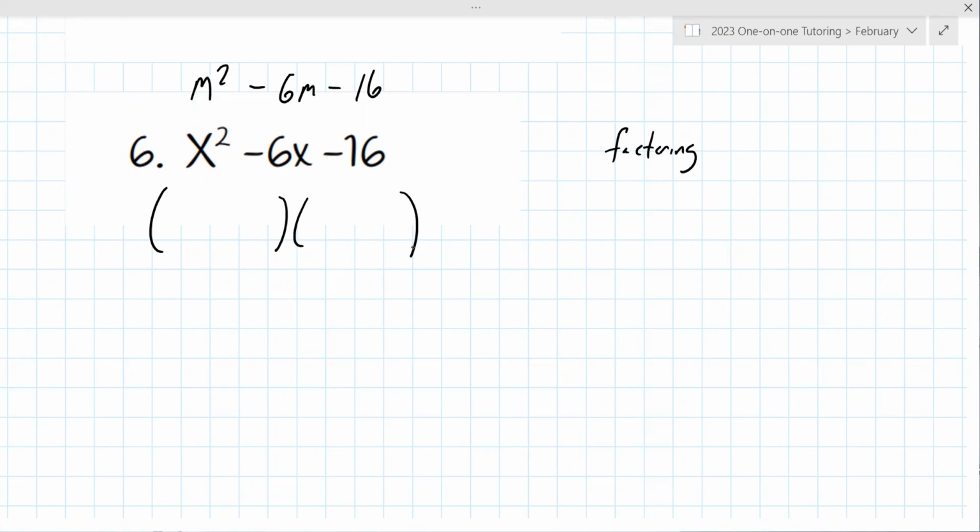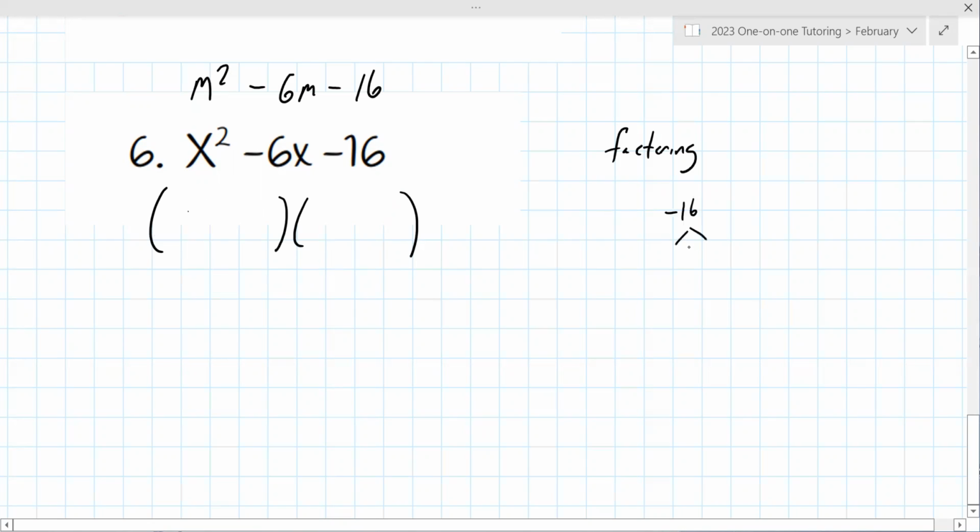Equals 0, and then you're not solving, Aiden. You're just writing what's in parentheses. So the options are -1, 16, 1, -16, -2, 8, 2, -8, and 4, -4.